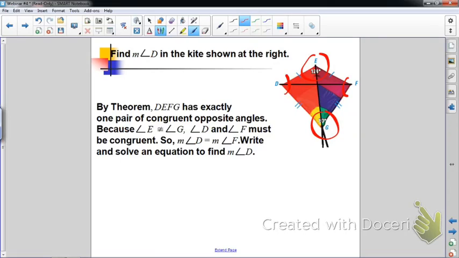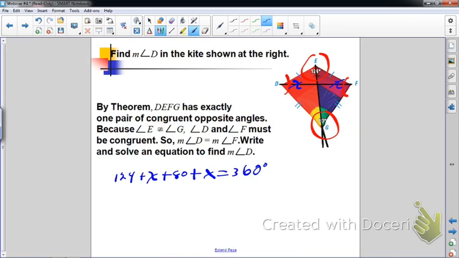So this is a quadrilateral. So we can label D to be x, and I know that D and F are congruent, so I could also label this to be x, and I just add them up. So I have 124 plus x plus 80 plus x, and all of that is going to equal 360 degrees.